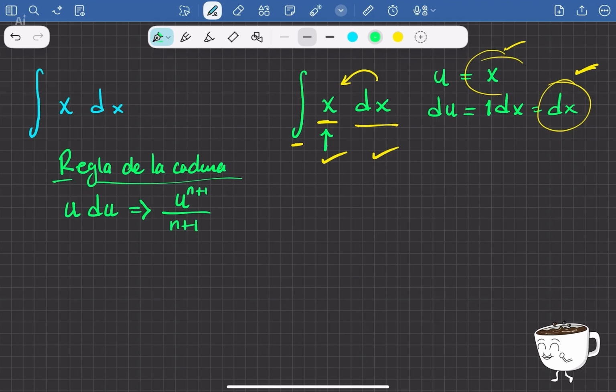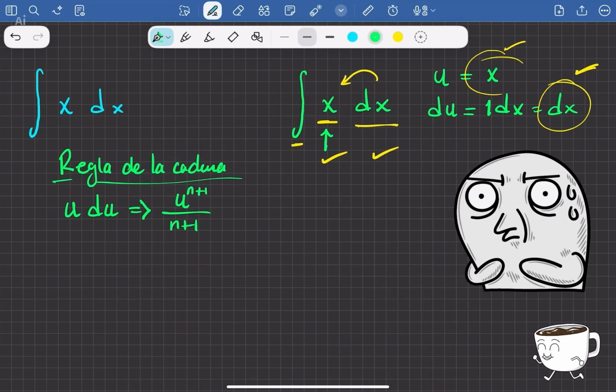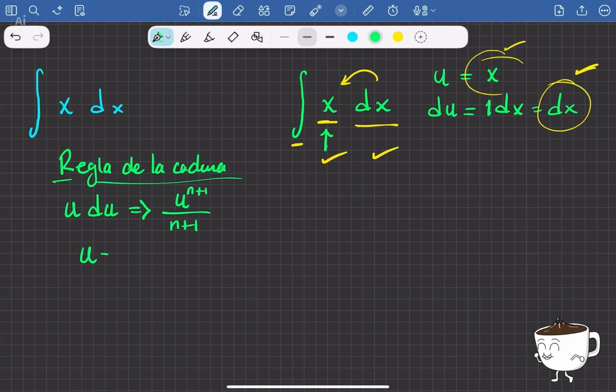You might be wondering, what is n? Where do I get it from? I see that it is the exponent of u, but where does it come from? If we have that u, we had said, is x, our n is the exponent of that x. You can tell me what exponent we have here, and it is raised to the exponent 1, which is the same as if we had x to the 1. In this case, our n is 1.